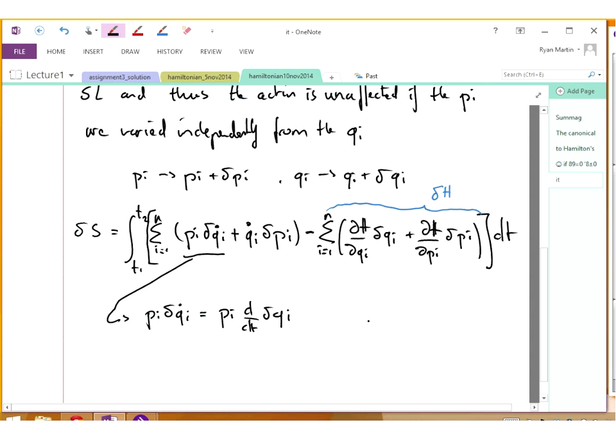And we can write that as d/dt of Pi delta Qi minus Pi dot delta Qi. All right, if I take the derivative of Pi delta Qi and apply the product rule, I get Pi d/dt of delta Qi, and then I get the second term, which is Pi dot delta Qi. So if I rearrange that, I can write the thing that's on the left as the total time derivative minus the thing that I don't want.